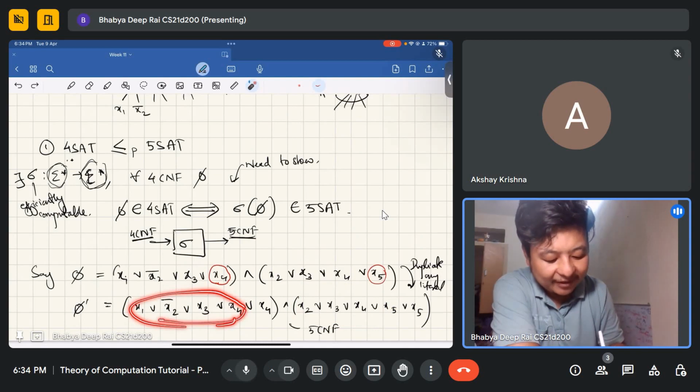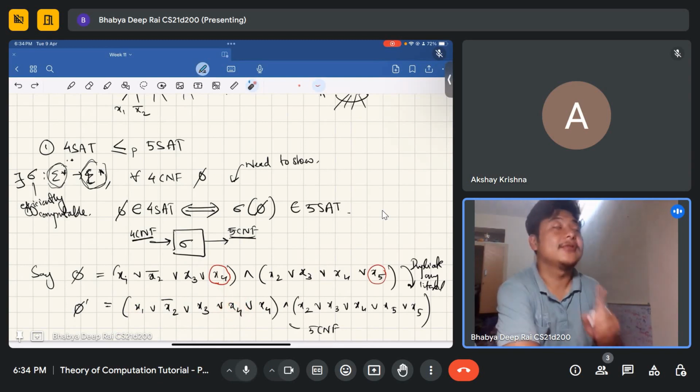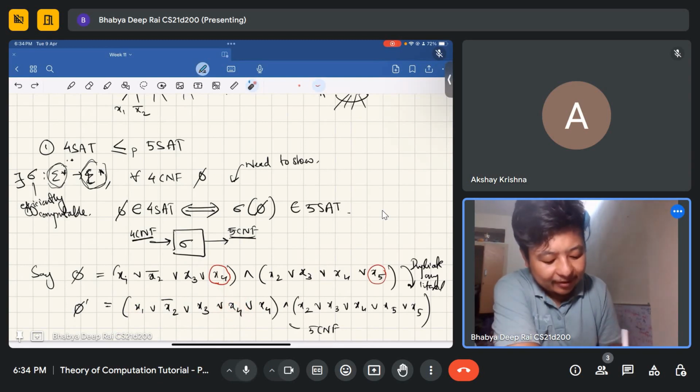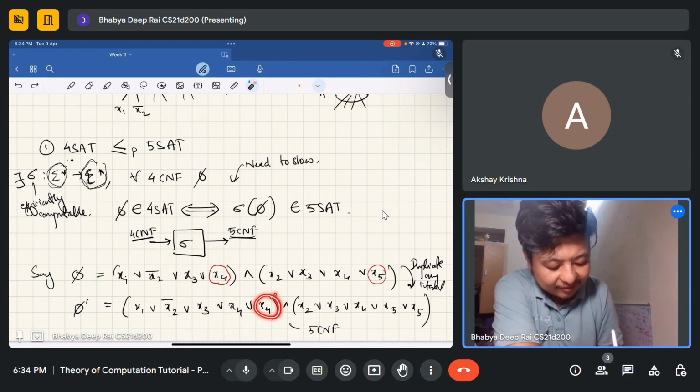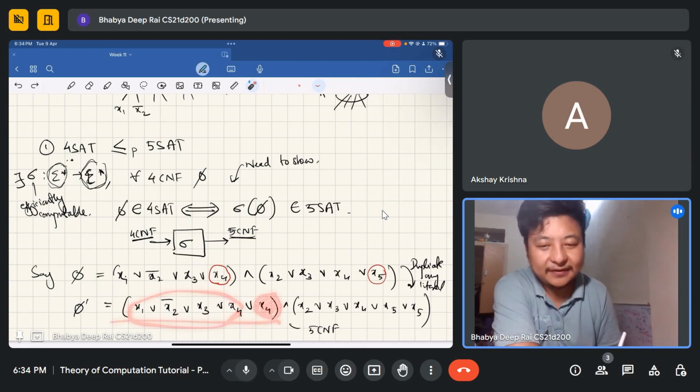So if this part evaluates to 1, it does not matter what this guy is. But obviously, if this evaluates to 1, the input to this guy is a 1, right? Okay, sorry, no, that is not always true. Anyway, the point is, it does not matter what this person is, as long as this part is satisfiable, the entire clause will be satisfiable.